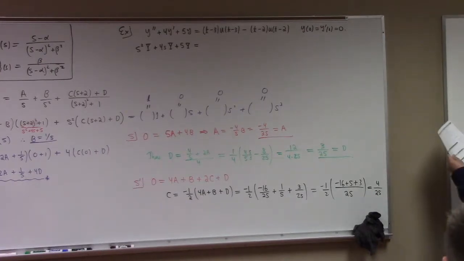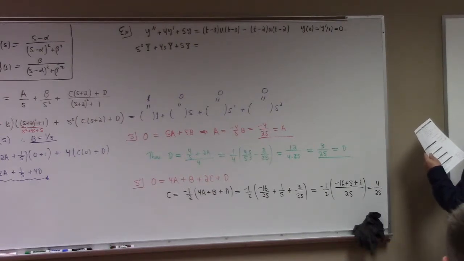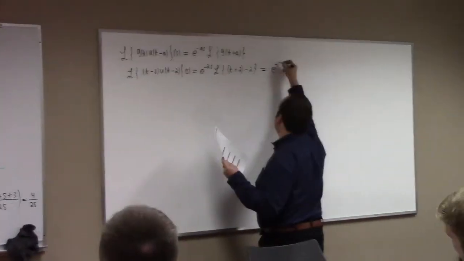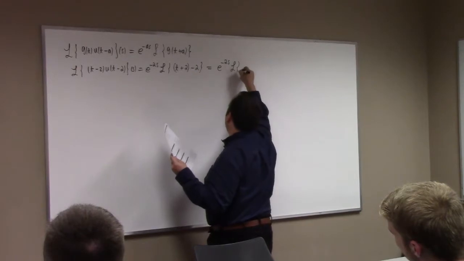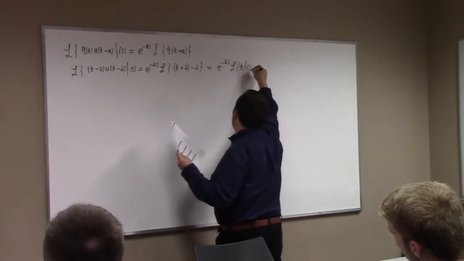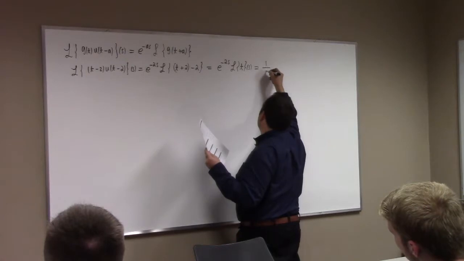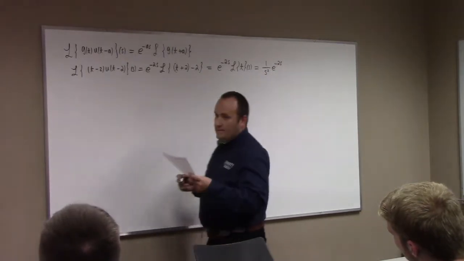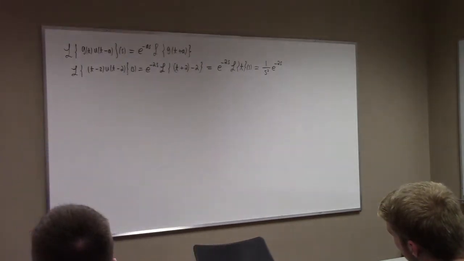So in particular, this says that the Laplace transform of (t - 2) times u(t - 2) is e to the minus 2s times the Laplace transform of, well, t + 2 - 2, which is what? What's the Laplace transform of t? It's 1 over s squared, right? This is what I wanted to engineer to happen, all right?